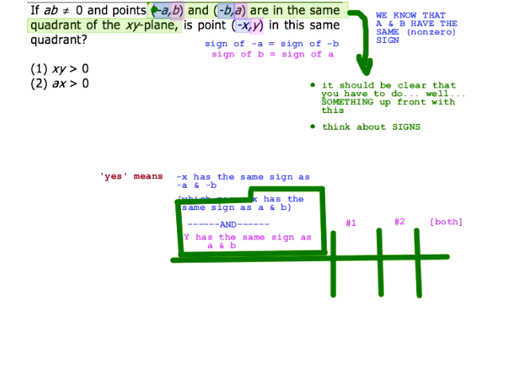And then the no case would just be either of these is not true. One or both of those is false. So if you could make either X or Y have not the same sign as A and B, then you can check off the bottom box.